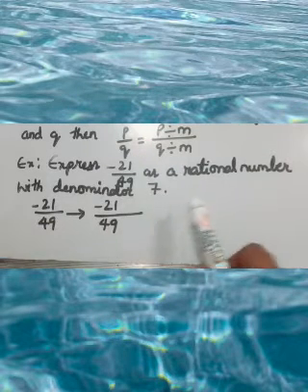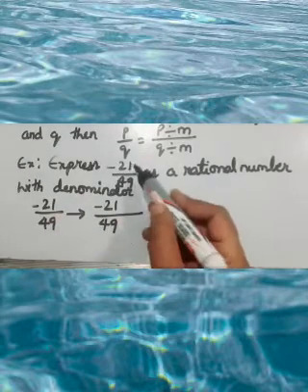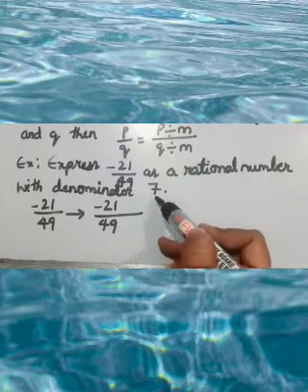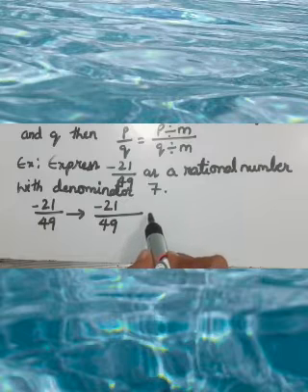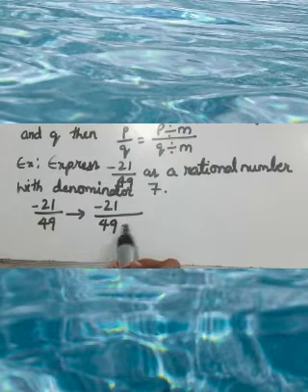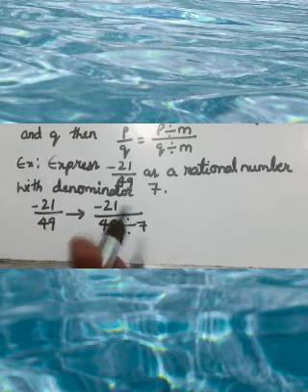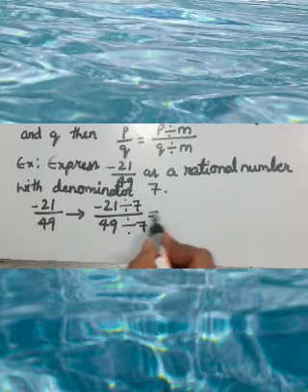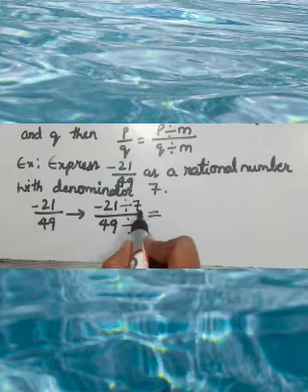Children, this property is useful in solving problems like: express minus 21 by 49 as a rational number with the denominator 7. Children, to get the denominator as 7, we have to divide 49 by 7. When you divide the denominator by 7, we have to divide the numerator by the same number, that is 7, so that we get minus 21 divided by 7.